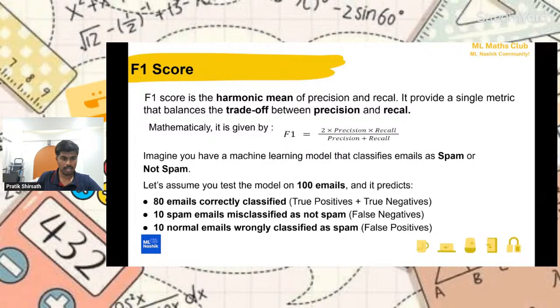And the last is 10 normal emails classified as spam, which is my false positive. Okay, so I have taken up the values. Now let us jump to the iPad.